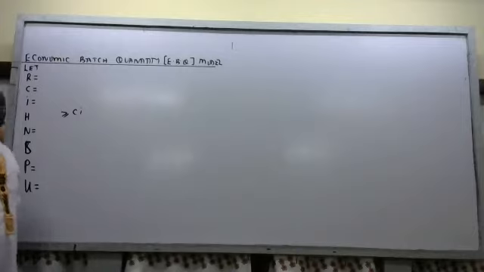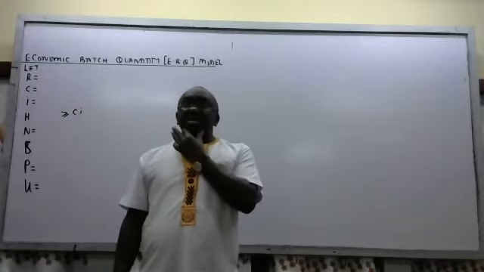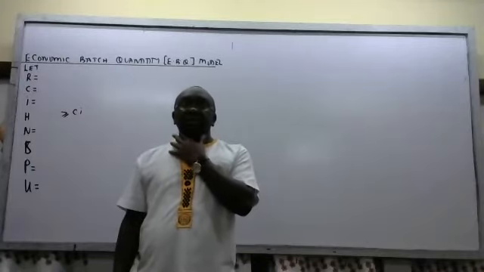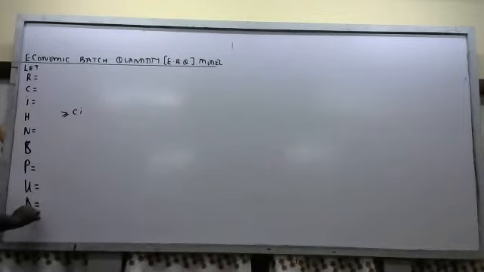U is usage rate per unit of time. D is duration of a production run. B is break between production runs.